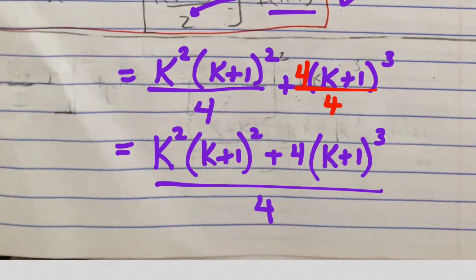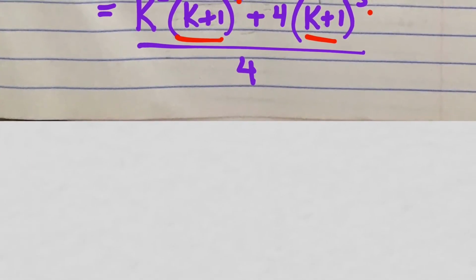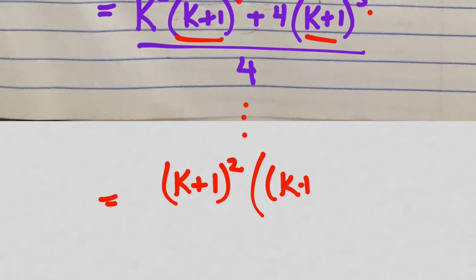So what you're going to do from here is you've got a common binomial, right? Common binomial. So to whatever power, you can factor that out, and then you're going to manipulate until you finally end up with (k plus 1) quantity squared times (k plus 1 plus 1).